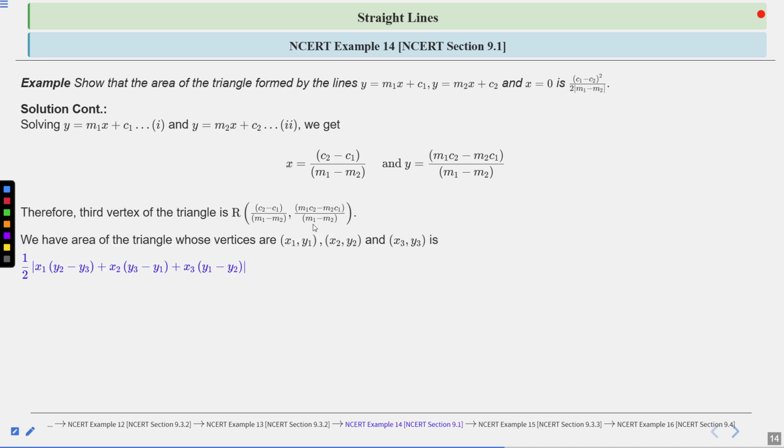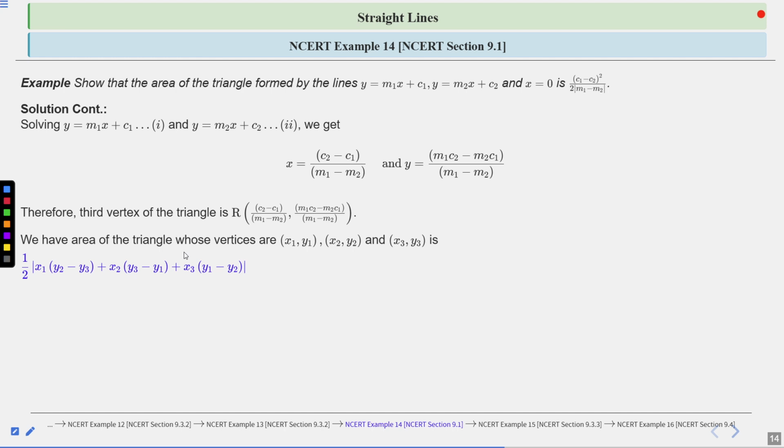So now we can find the area of the triangle by using the three vertices of the given triangle. The area of the triangle whose vertices are (x1, y1), (x2, y2), and (x3, y3) is 1 by 2 modulus of x1 times (y2 minus y3) plus x2 times (y3 minus y1) plus x3 times (y1 minus y2).